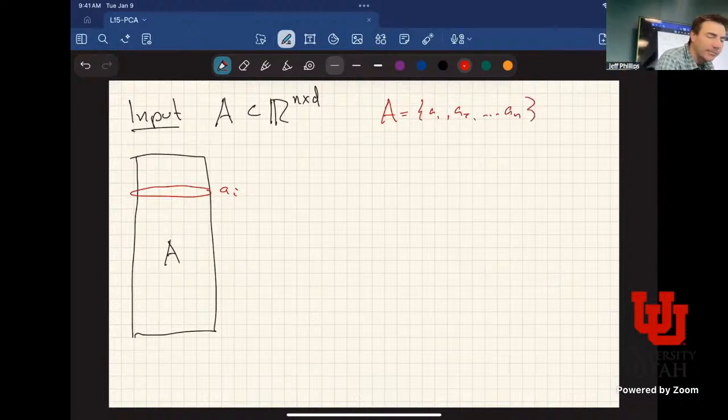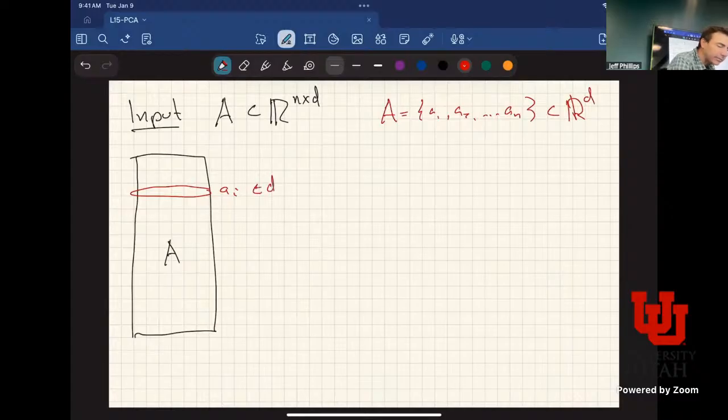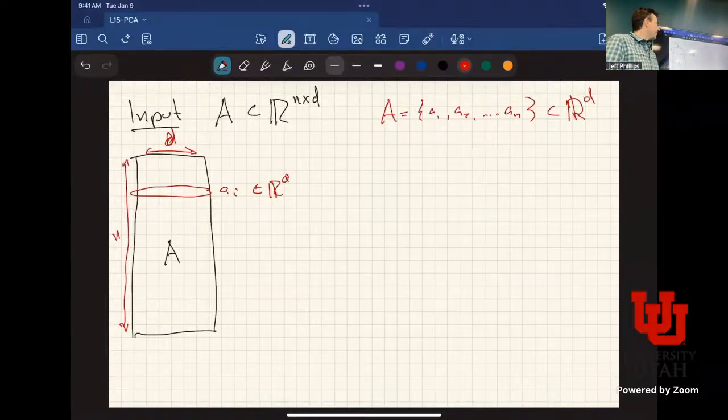There are n of them, and each of them is an element of R^d. There are d dimensions, and there are going to be n rows.